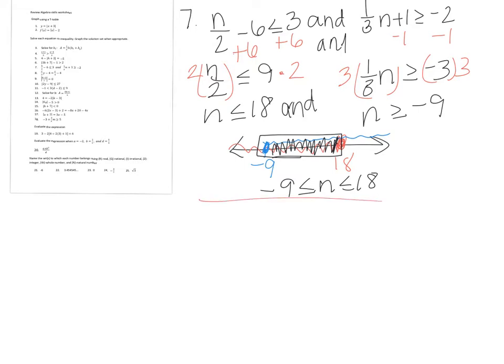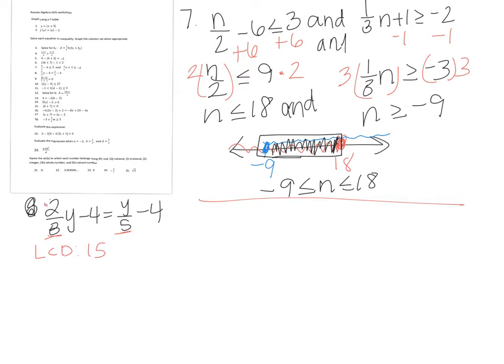Let's see, divide that up. Number 8 is 2/3 y minus 4 equals y over 5 minus 4. So I have two fractions here. I have a denominator of 3 and a denominator of 5, so the LCD for 3 and 5 is 15.